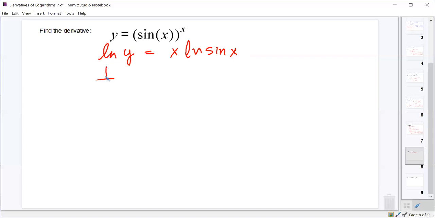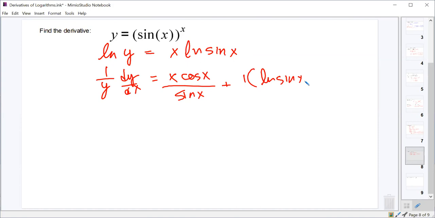Okay, and then the derivative gives us 1 over y dy/dx. And then this derivative is x, and then the derivative of natural log of u should be 1 over u times the derivative of u, and then plus 1 times natural log sine x. Everybody good with that?